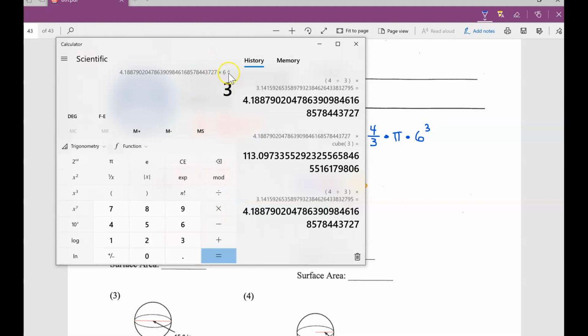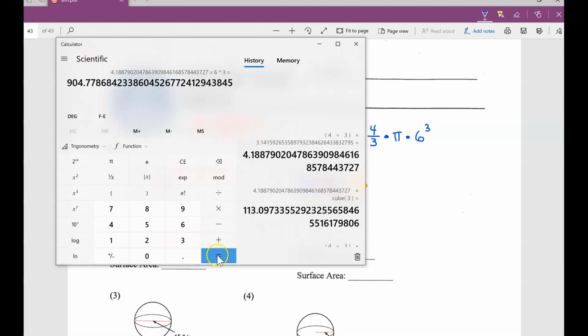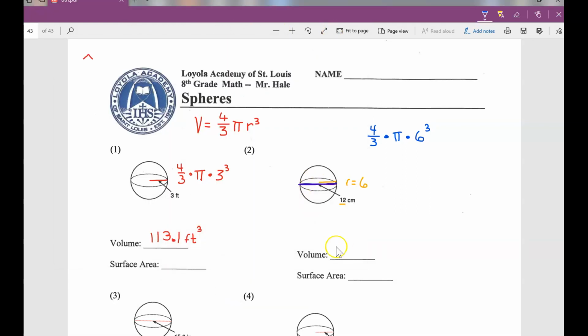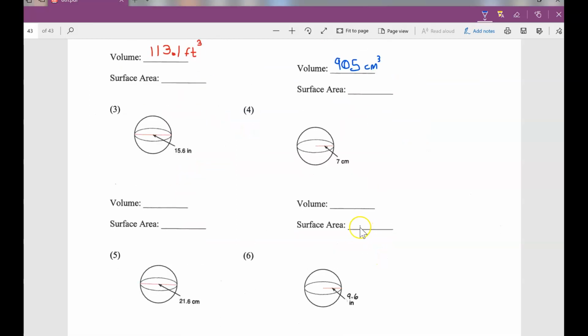So 6 to the power of 3 is what goes into your calculator. And we get our answer. It's 904.778. We're going to round this off to approximately 905 centimeters cubed.